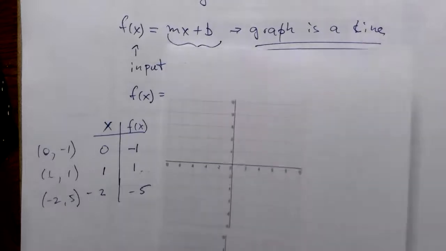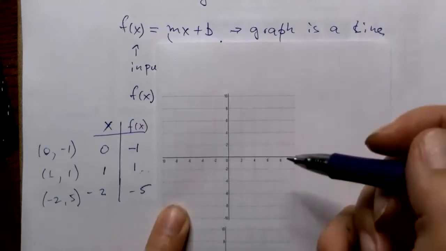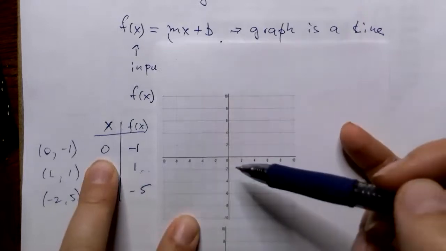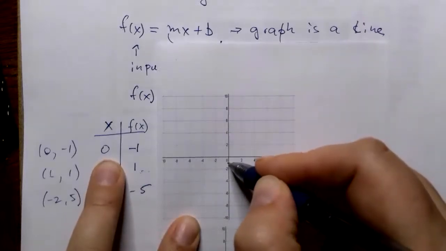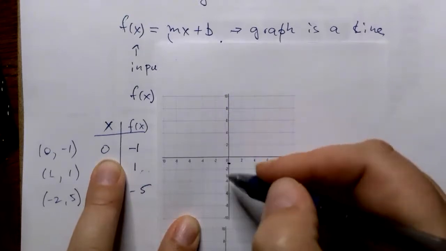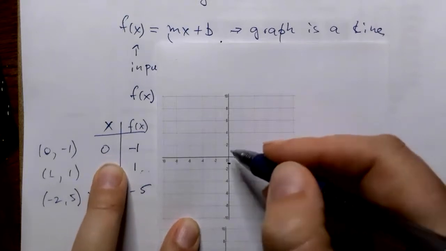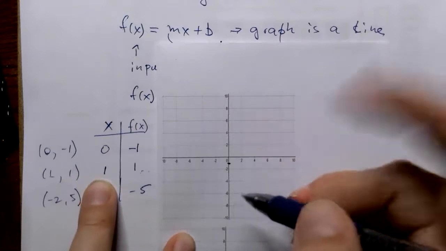So here's my Cartesian coordinate system, and I'm going to plot those points, 0 and -1. That's our intercept. This is the point on the y-axis, so it's a y-intercept, and the x-coordinate is always 0 for the y-intercept.